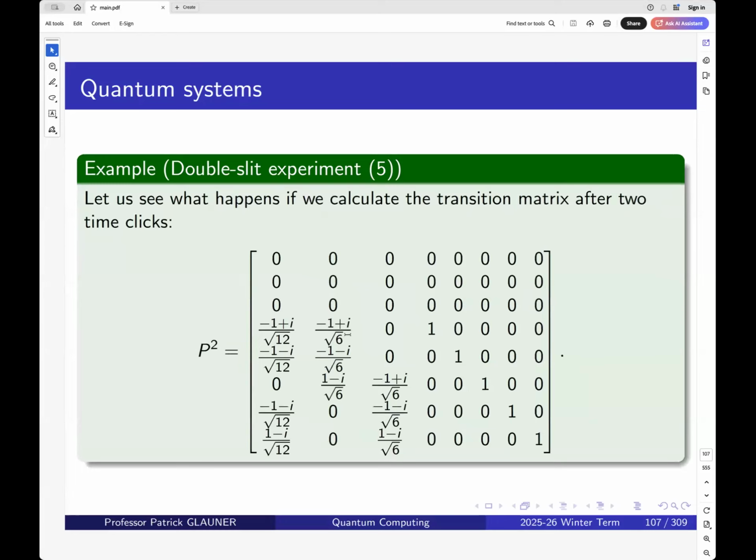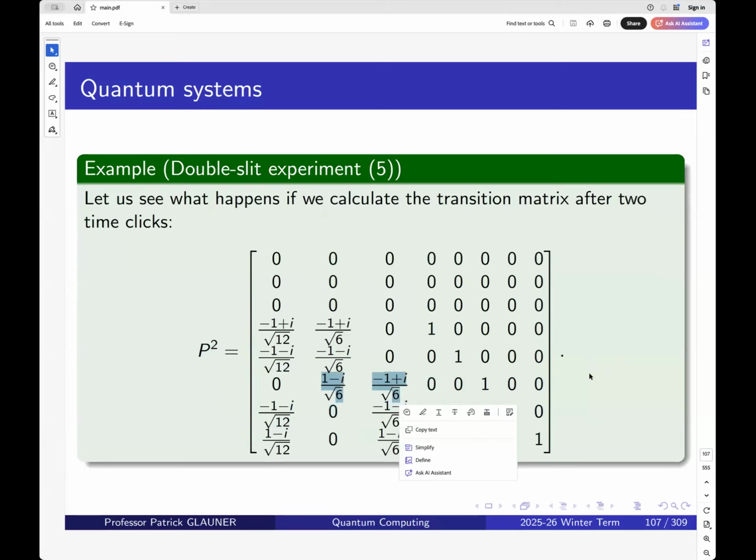And what we can do now is multiply P with itself, P squared, and you will see something super interesting in the P squared. So feel free to do this at home, or you just trust me that I've done the P squared correctly. And what we are actually most interested in are these two elements.